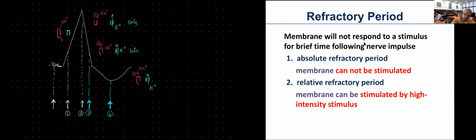Again, my question: I've received the stimulus here, and while I'm still creating my action potential, I received other stimuli, 1, 2, 3, and 4. Would I respond to any of them? What do you think? Just a guess. Would I respond to any of them? 1, 2, 3, or 4?